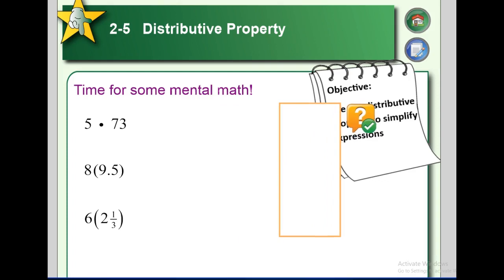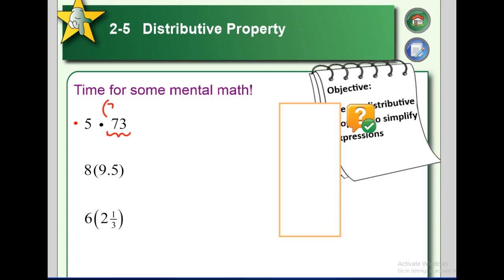If I told you that I wanted you to multiply 5 times 73, some of you would find that kind of hard to do with mental math. But there is a way that I can break this up to make it easier. Instead of 73, let's break it up into tens place and ones place.